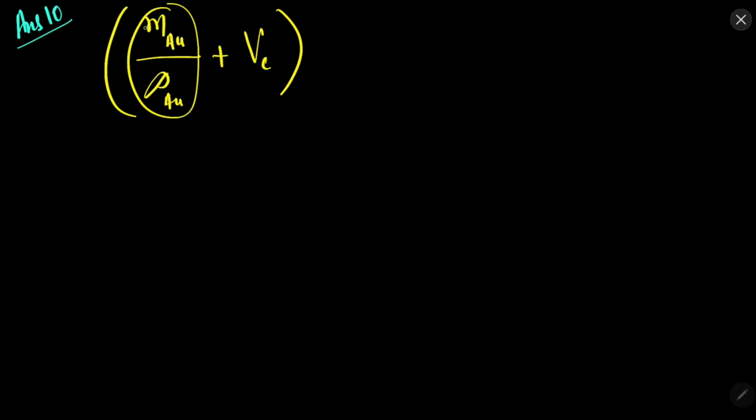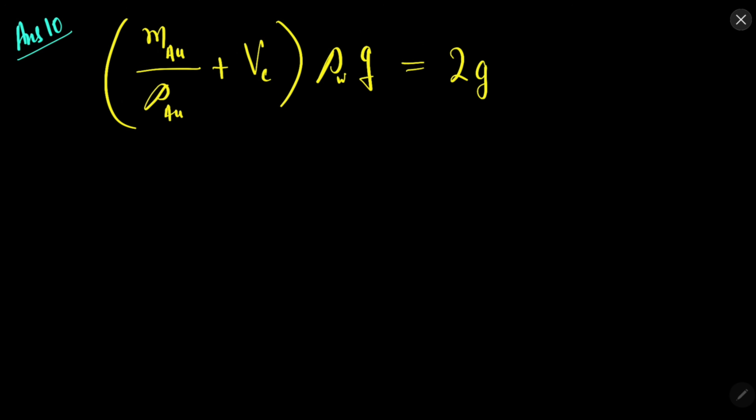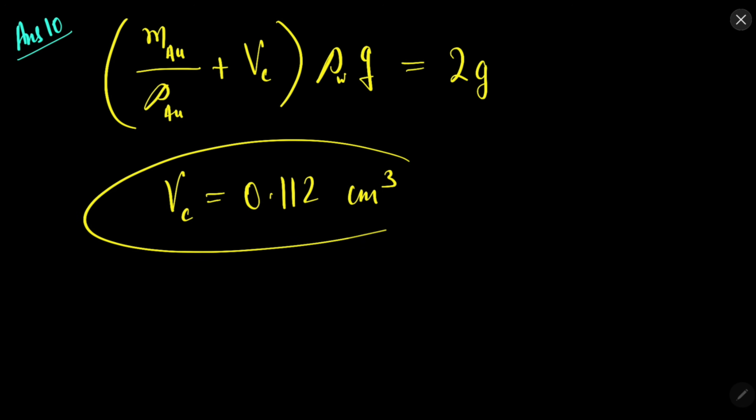So the 10th one: volume of gold plus volume of cavity into density of water into g equal to 2g. By this you can find the volume of the cavity. Once you put everything you will find that the volume of cavity is 0.112 centimeter cube.